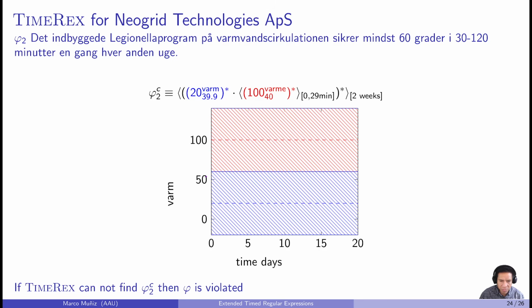So let's assume we have 2 days. If we have something that enters but less than 30 minutes, and again enters less than 30 minutes, and again less than 30 minutes, this execution will match this expression where it was not long enough in the hot water in 2 weeks, and this would be a violation to the system.